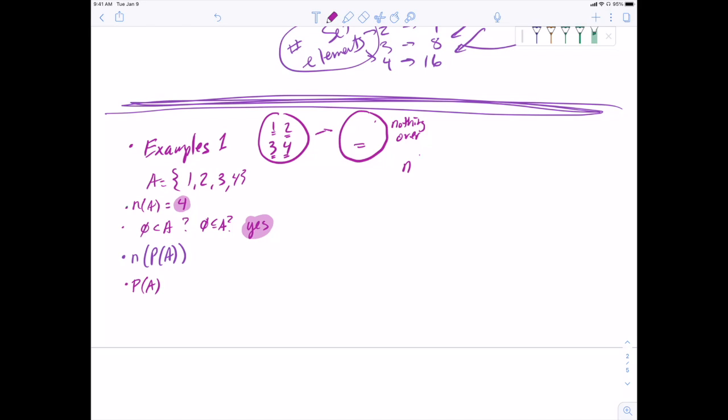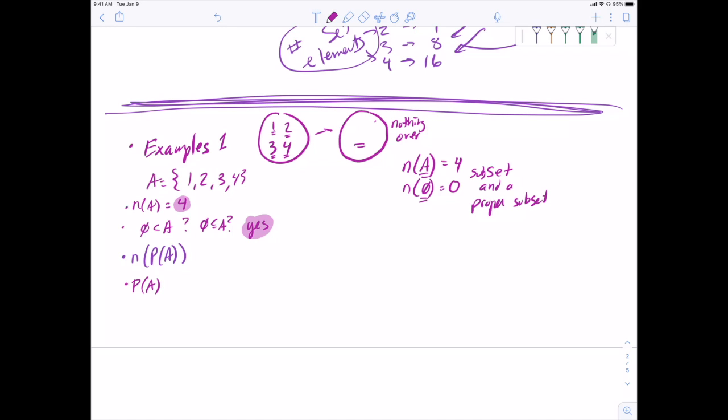The reason it's a subset and a proper subset is that there are 4 elements in A, and there are 0 elements in the null set. Because there are fewer elements in the null set than in A, it is a subset and a proper subset.